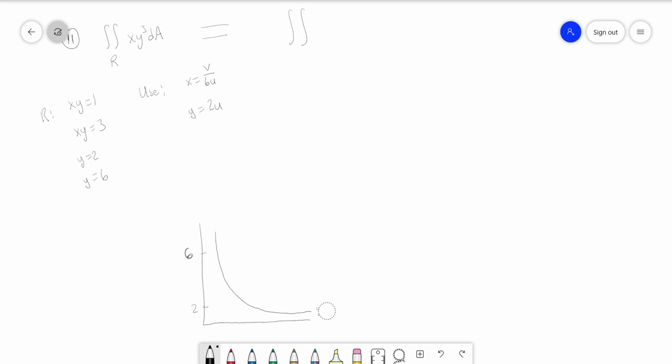Or xy equals 1, I'll write it as. Now xy equals 3, or y is 3 over x, it would look similar to what I have here. It would be a little bit further out though, something like that. Okay. That's just a very rough sketch. So here's y equals 6, here's y equals 2. So then this funky region here would be the region R that we were trying to integrate over.